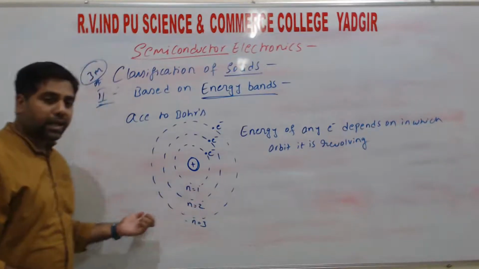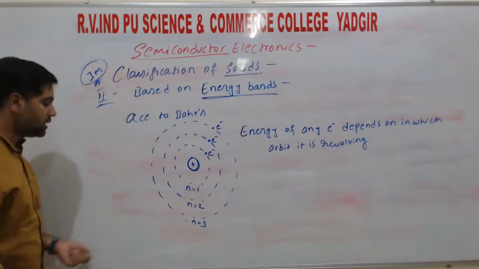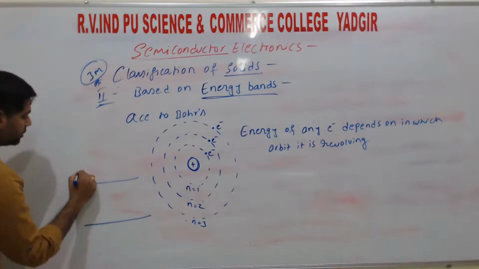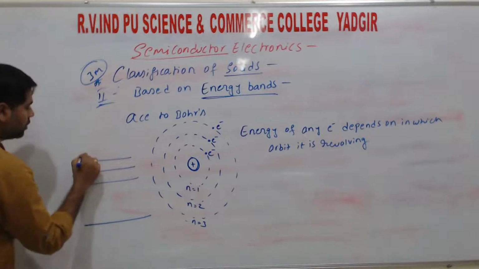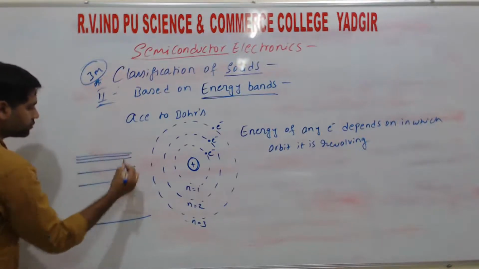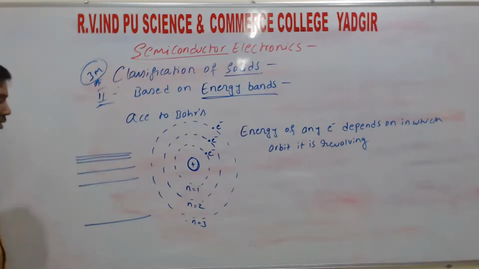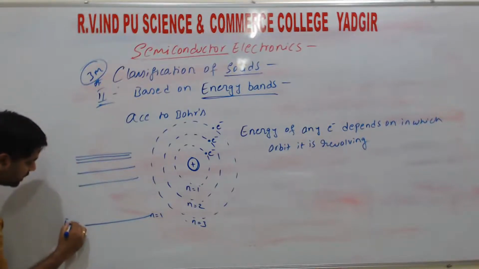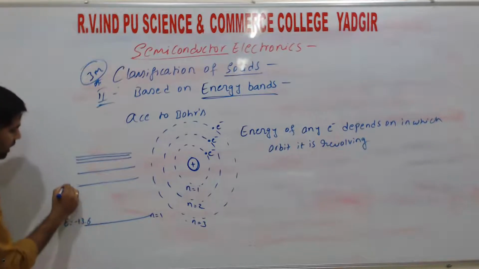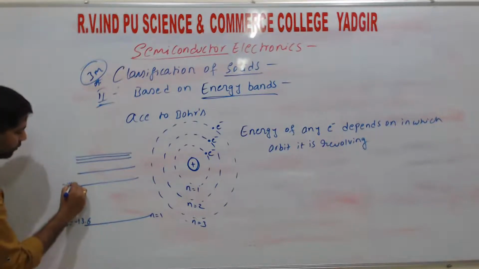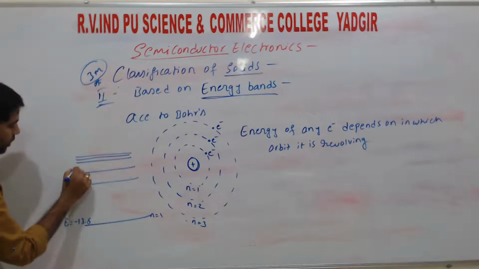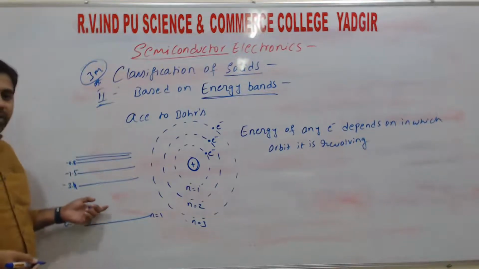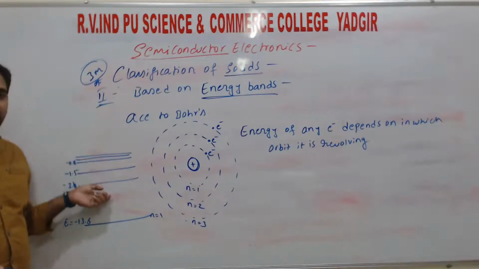Because we have the energy levels, as already discussed in the atoms chapter, each orbit has a different energy. If this one is n equals 1, the energy is minus 13.6, here it is minus 3.4, here minus 1.5, and here minus 0.8, like this. This is the energy level of the electron.